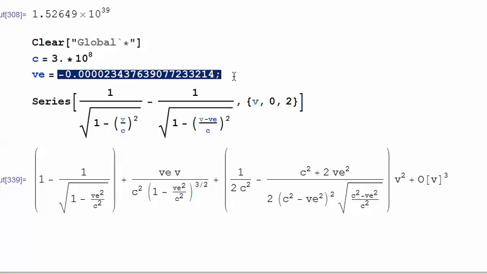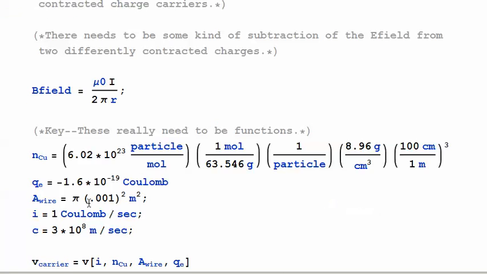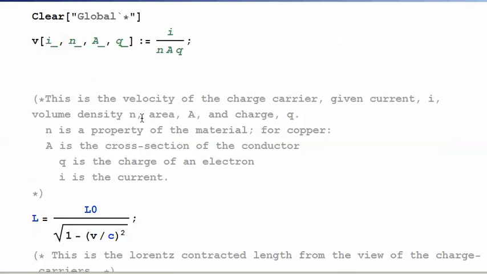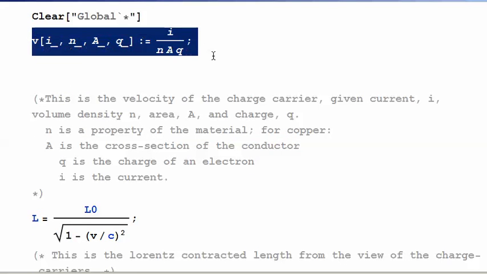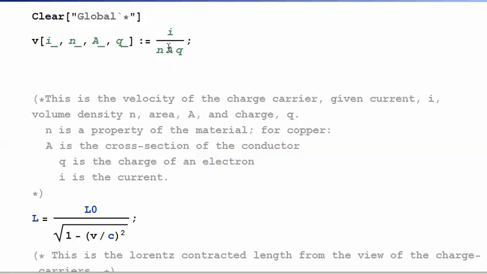This carrier velocity was calculated by assigning a copper wire a 1 millimeter radius, finding the area of the wire, and using an equation for the velocity of the carrier given on Wikipedia. I used 1 amp.